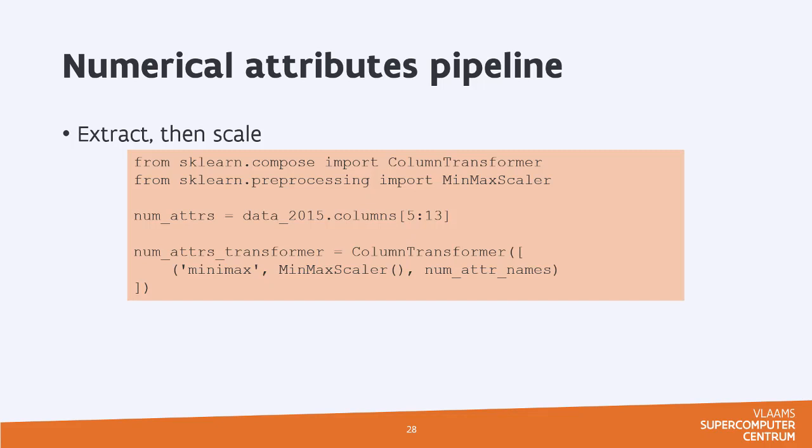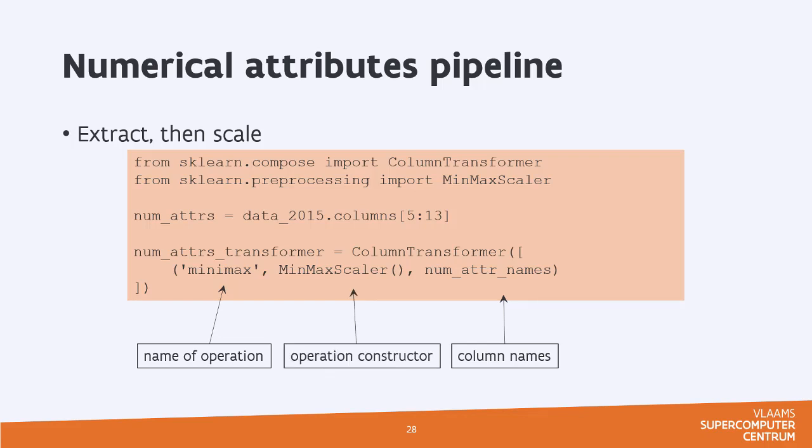And we want to do that for all the numerical attributes, so we supply the list of numerical attribute names. The name of this operation is minmax, and we will see later that we can chain them and we can compose these pipeline components into larger full-fledged pipelines.